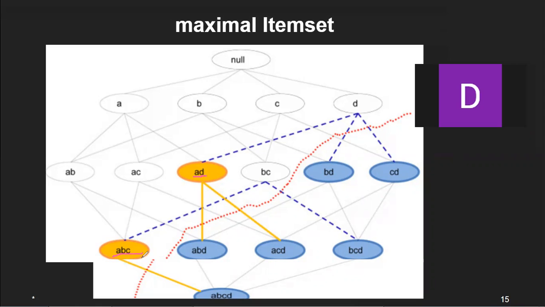Means that the superset for ABC is ABCD. ABC का जो superset कौन है? ABCD है. Just concentrate. We are highlighting this AD and ABC using orange line.